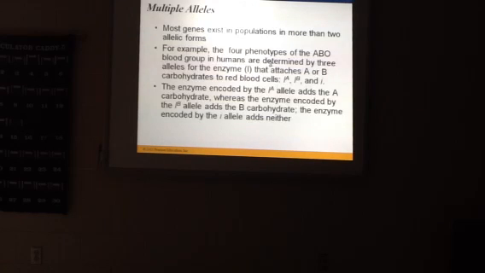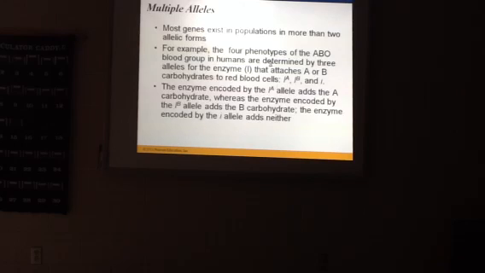Now, with situations with multiple alleles, most genes exist in populations in more than 2 allelic forms, which makes for situations that are a little more complicated than Mendel's studies with the pea plants. For example, the 4 phenotypes of the ABO blood group in humans are determined by 3 alleles for the enzyme that attaches A or B carbohydrates to the red blood cells.